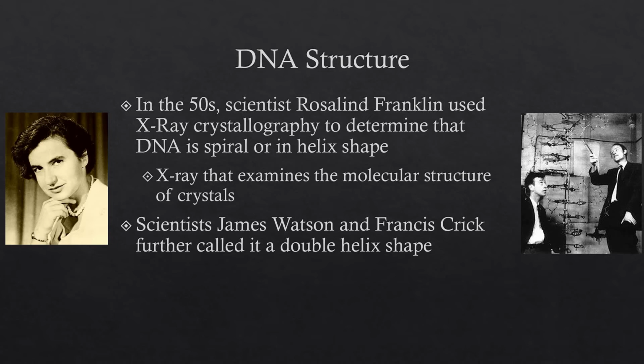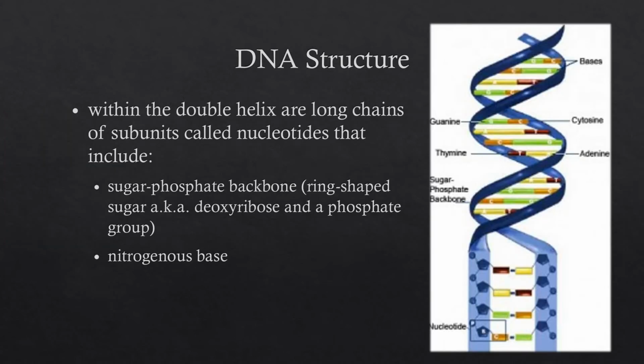Why is it called a double helix? Well, if we take a look at it, it actually has two separate strands that come together. And because of the chemical composition of these two strands, they look like they're swirling around while in ladder form. So we call that a double helix.